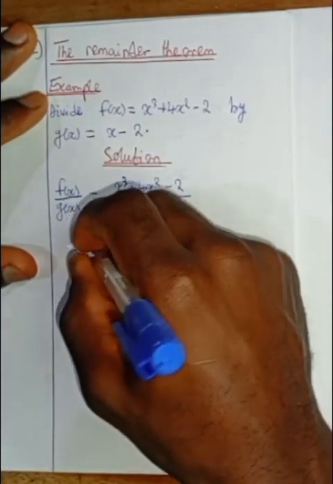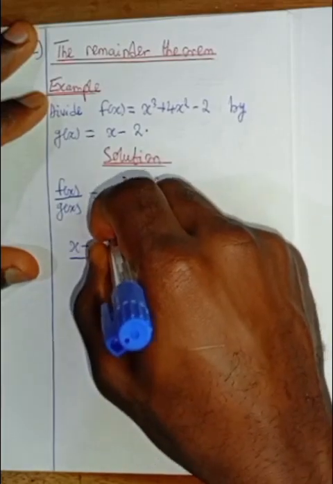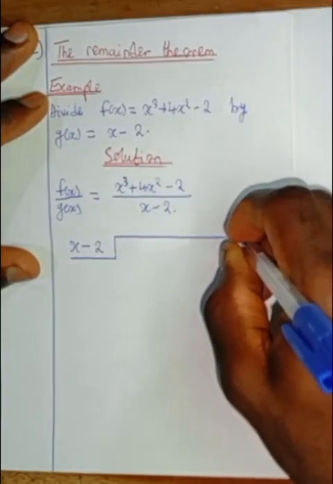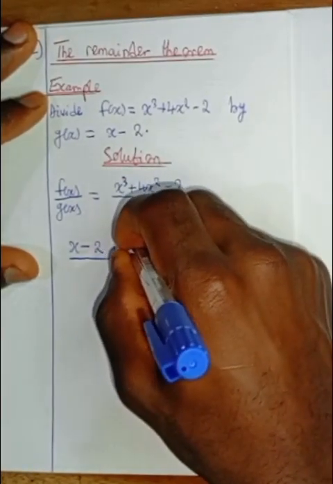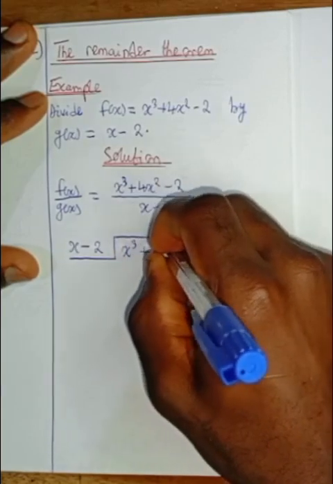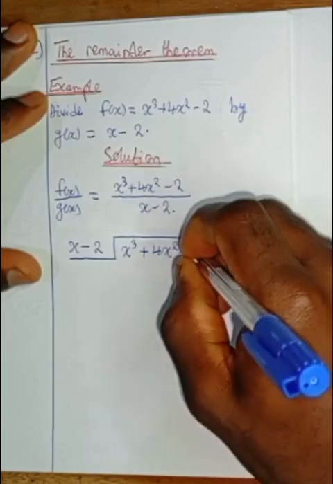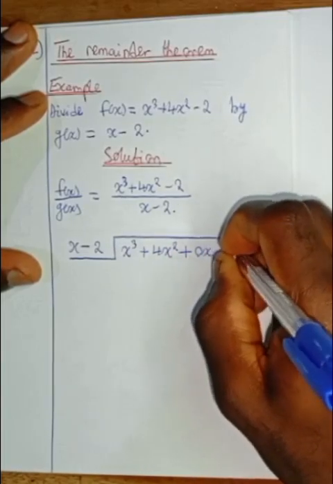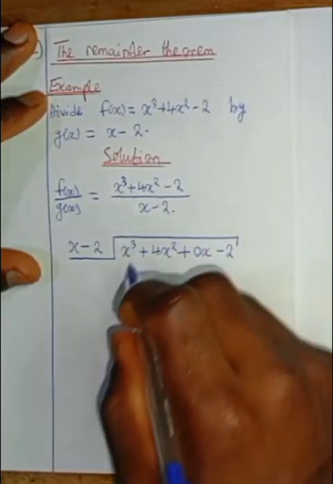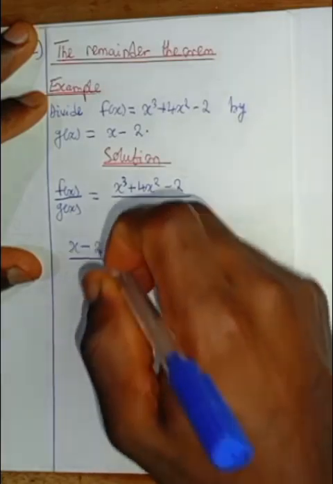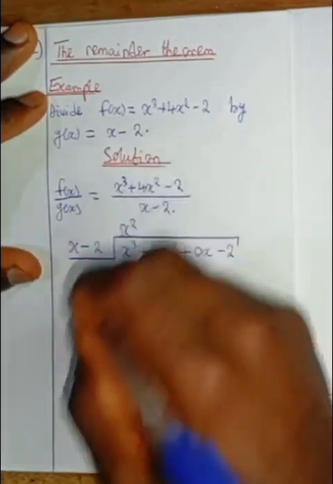We are going to send out x minus 2. Then we send in x cubed plus 4x squared. The term in x is absent, plus 0x minus 2. X cubed divided by x gives us x squared.